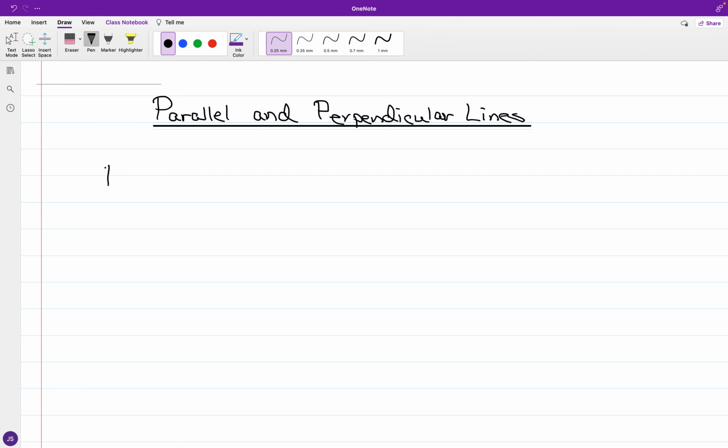For parallel lines, okay, parallel lines are going to be distinct, as in different from each other.